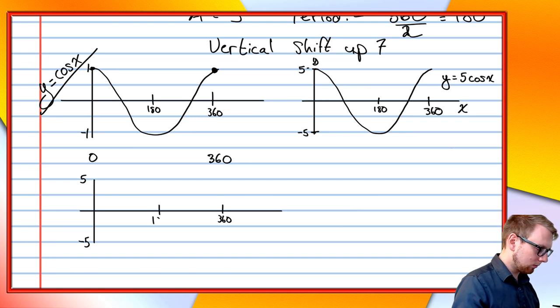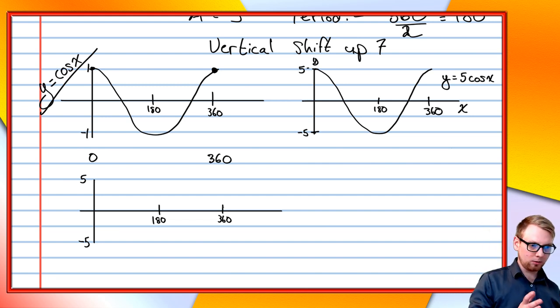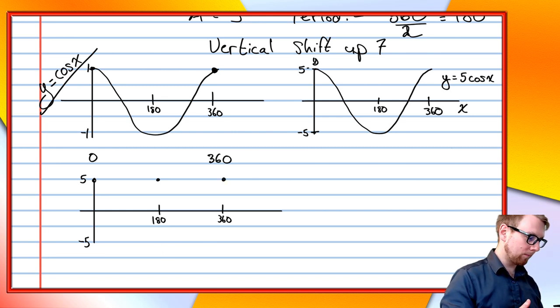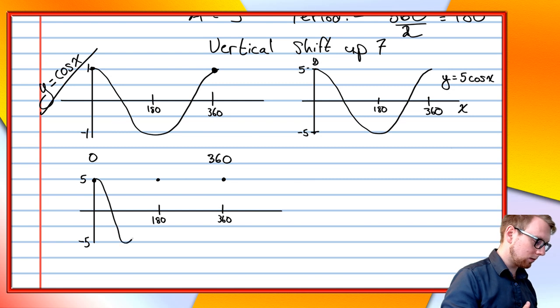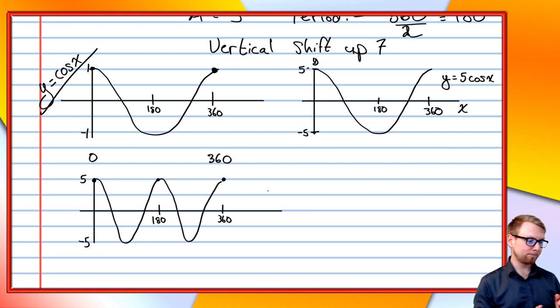Here's 180. If we incorporate the period change, so now the whole period is 180 degrees, not 360 anymore. Which means if we still start at 5, we're going to end at 180 and end at 360. So there's going to be 2 of them this time. Down like this. Up. This. See how that changes?